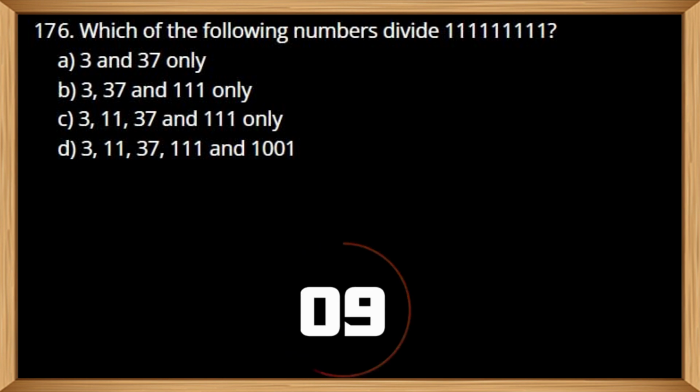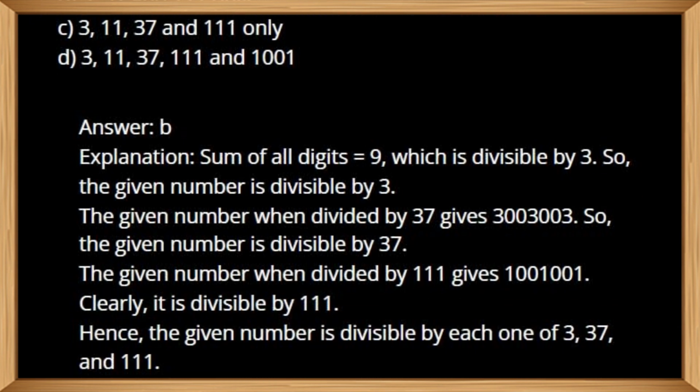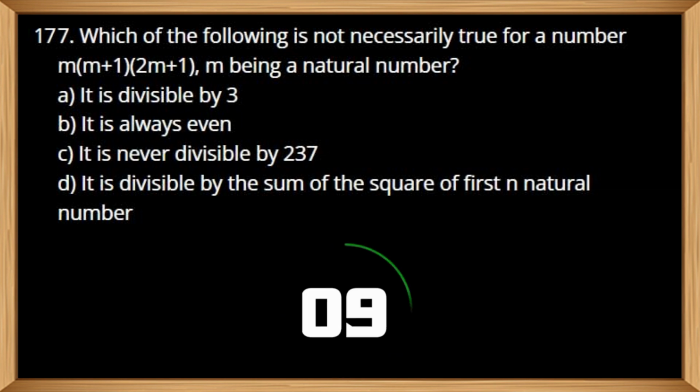Which of the following numbers divides 9 times 1? Option B 337 and 111 only. Which of the following is not necessarily true for a number m into m plus 1 into 2m plus 1, m being a natural number?